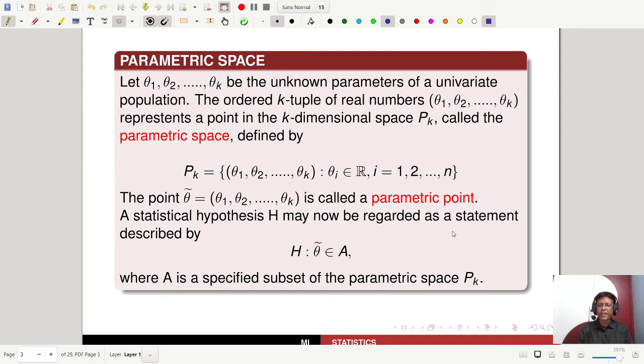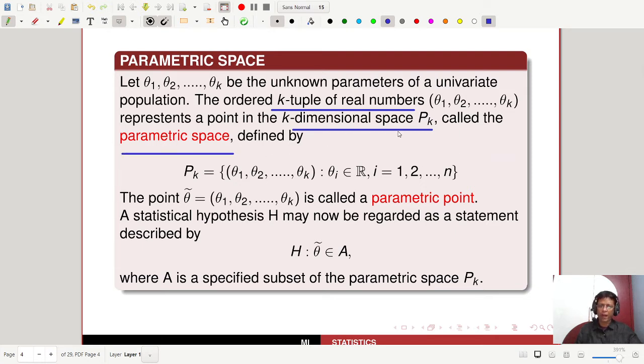The ordered k-tuple of real numbers theta 1, theta 2, etc., theta k represents a point in the k-dimensional space Pk. So Pk is a k-dimensional space, and theta 1, theta 2, theta k is a k-tuple of real numbers, parameters. These are all unknown parameters, called the parametric space.